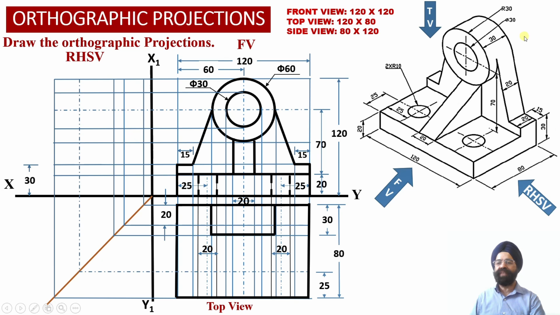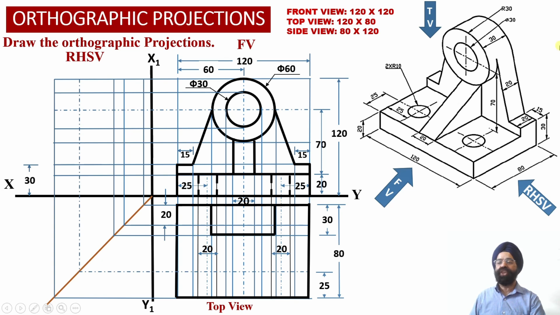Now we can observe that this hub, which actually is a circular portion, gives rectangular projections in the top view, corresponding to the semicircular portion of this circular hub, which will be viewed by the observer from the top over here.